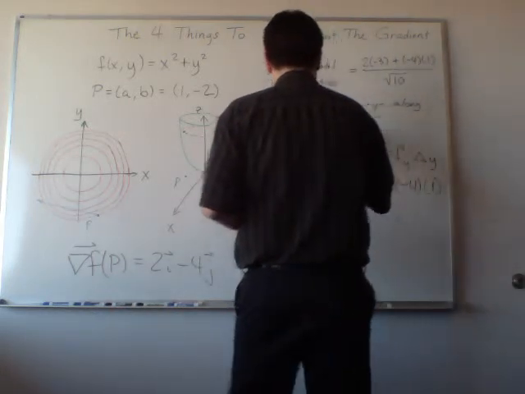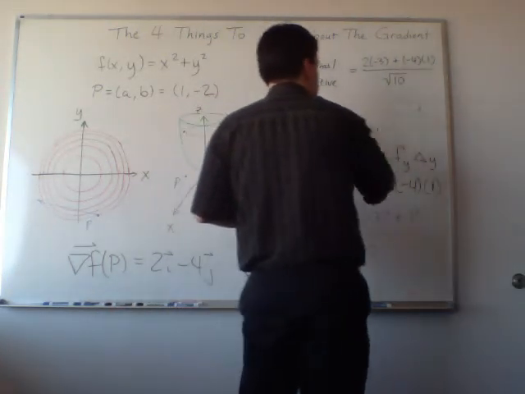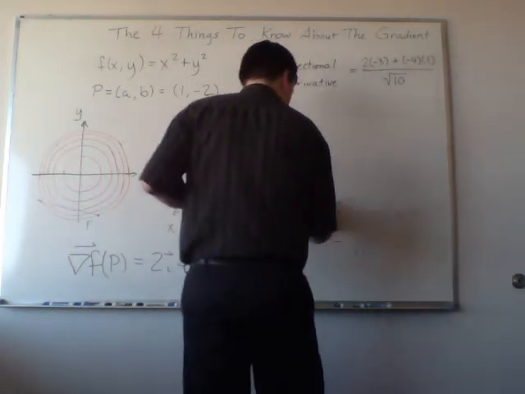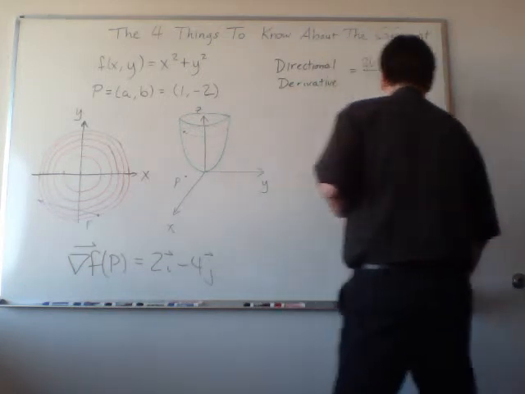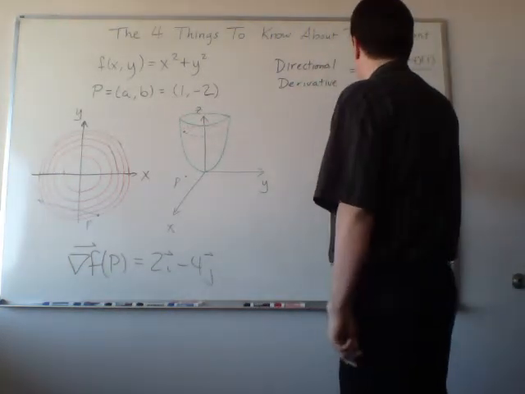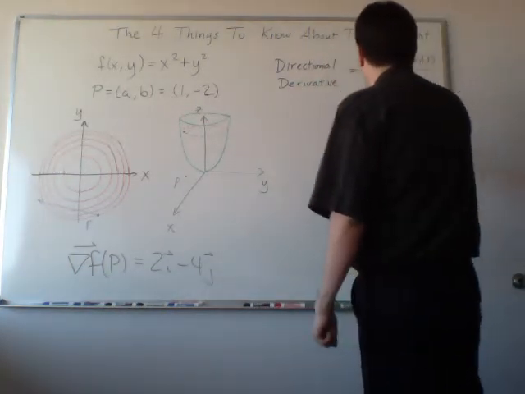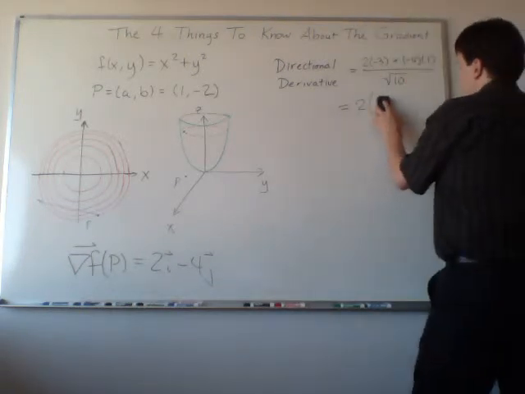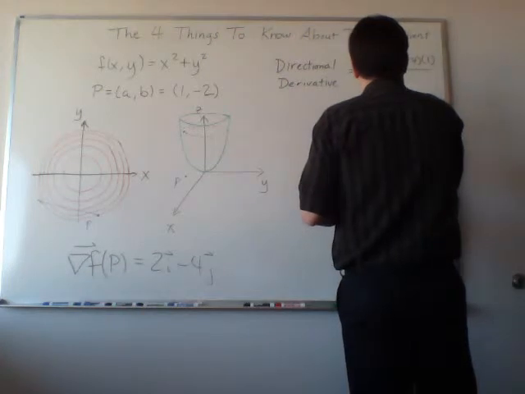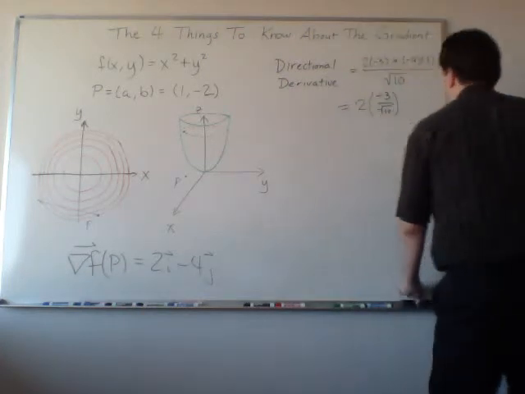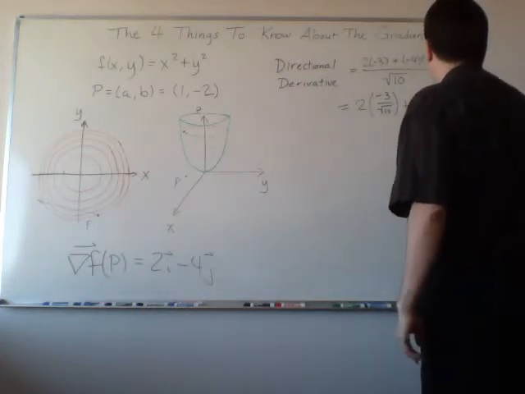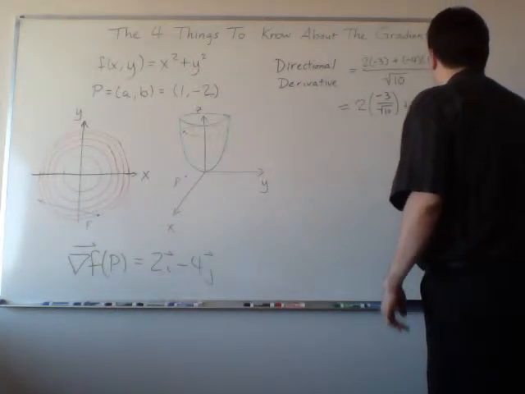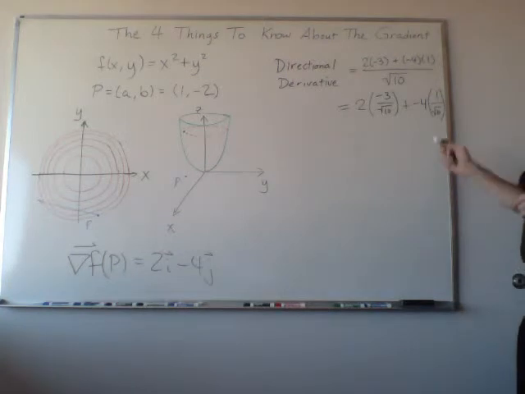Now, there is another way of looking at that which is a little more illuminating. So I'm going to get rid of all this information. I'm sorry I have to erase so much. I wish I had a bigger place to work, but this is my studio for now. Another way to see this is as 2 times negative 3 over root 10 plus negative 4 times 1 over root 10. Sorry about the smallness of my writing there.